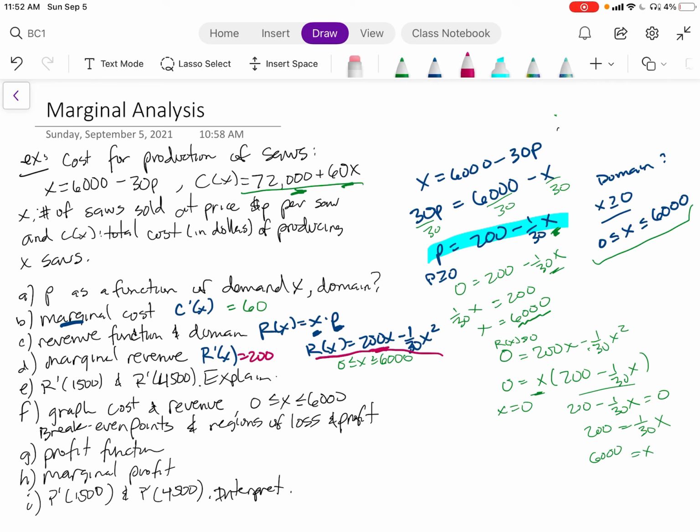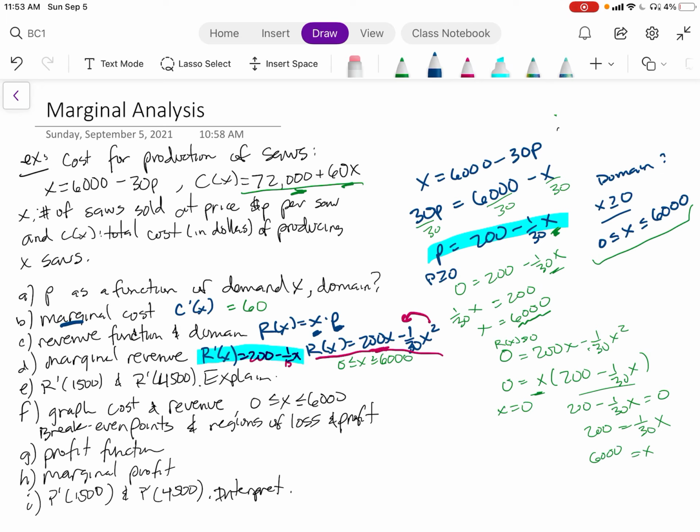The next part though, we bring down the 2 and we drop 1, so negative 2 over 30, which simplifies to negative 1/15, and then x because we dropped an x. So there's the marginal revenue.